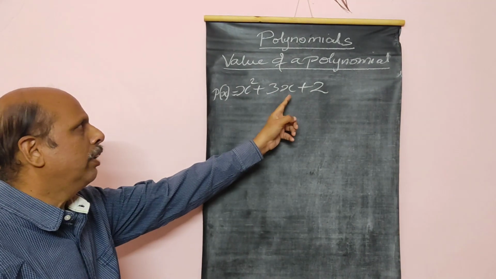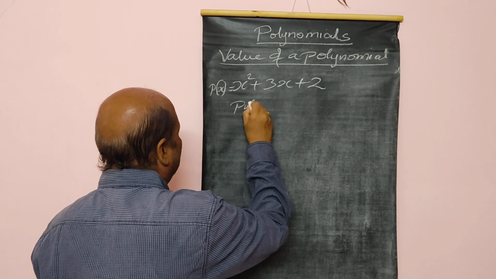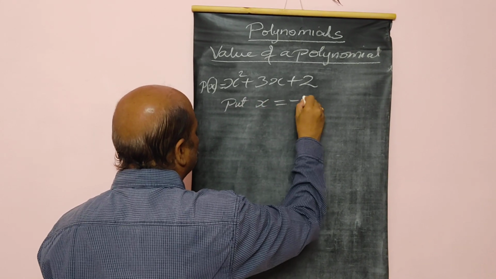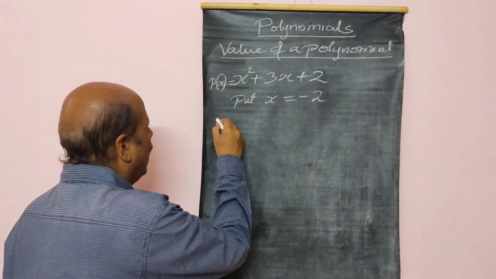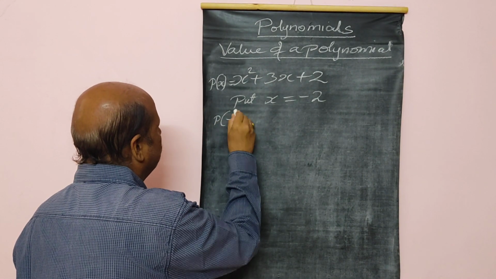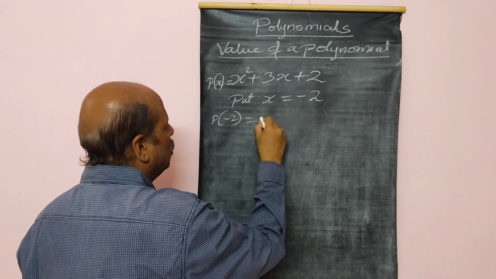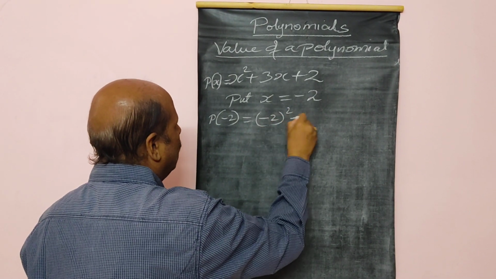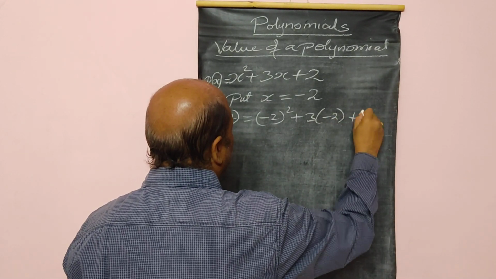Put some value of x, take any value. Say I put x is equal to minus 2. Then I will say it is p of minus 2. Wherever x is there, I replace it with minus 2. So minus 2 whole square plus 3 into minus 2 plus 2.